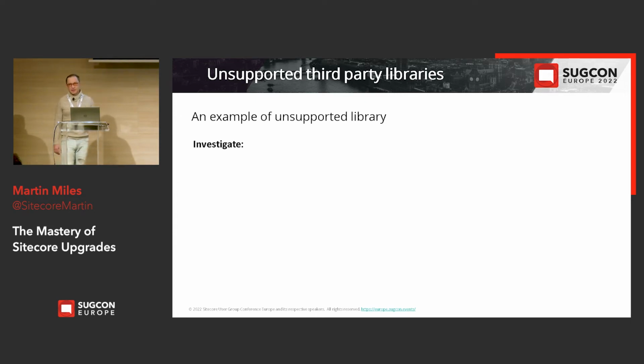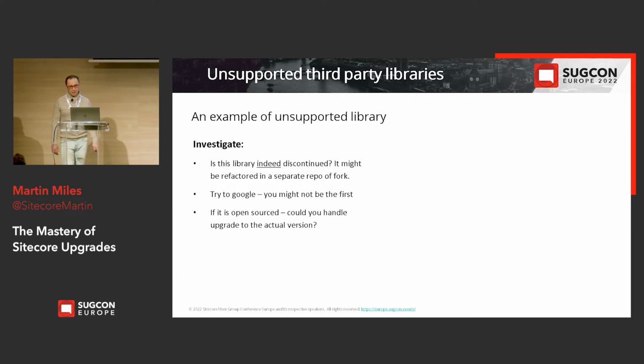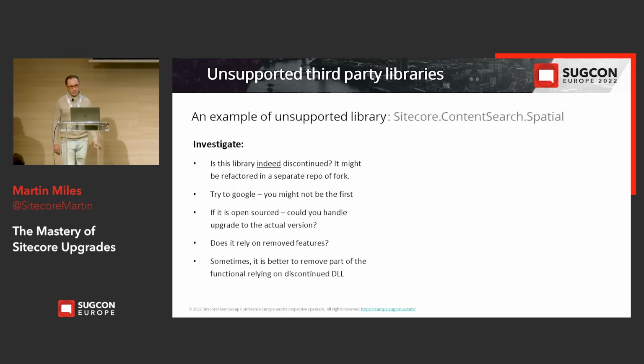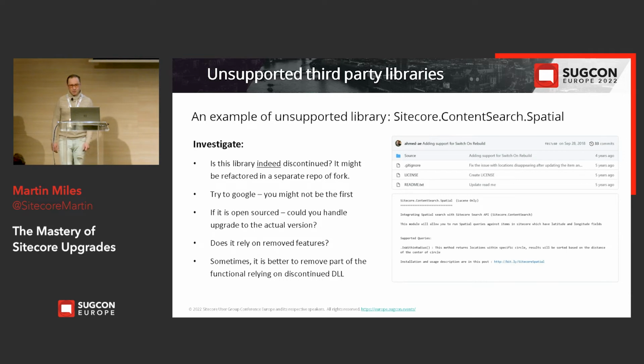The solution you're upgrading may reference some third-party libraries that are discontinued. In that case, you need to investigate each of these libraries and decide what to do. I came across a particular library that performed geospatial search.